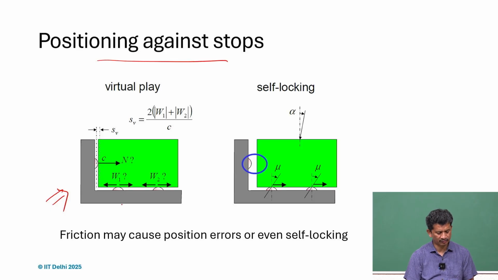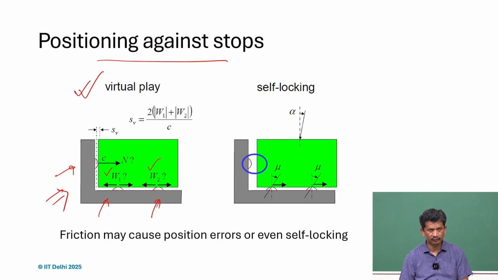If we extend this to the 2D case and try to position against these three stops, we want to know what W1, W2 or N will be, and what will happen. Because of W1 and W2, the friction force will have this virtual play.